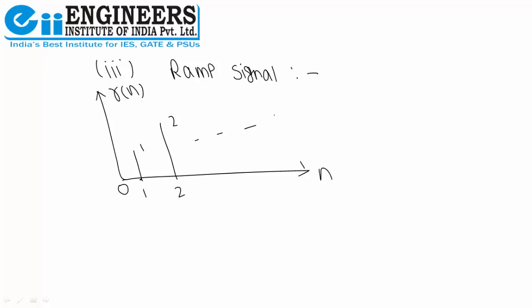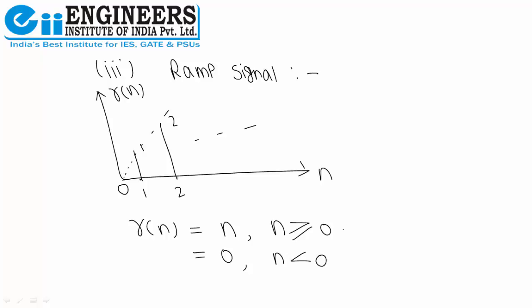So it again has slope 1, because 0, 0, 1, 1, 2, 2. Now if I want to define it, then r[n] is equal to n for n greater than or equal to 0, and it is 0 for n less than 0.